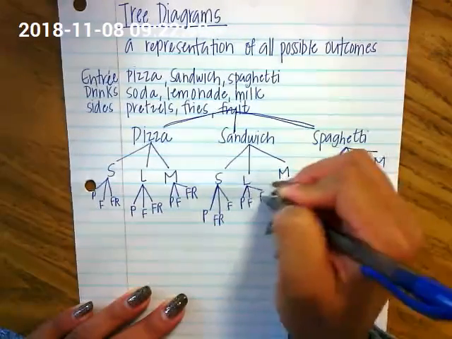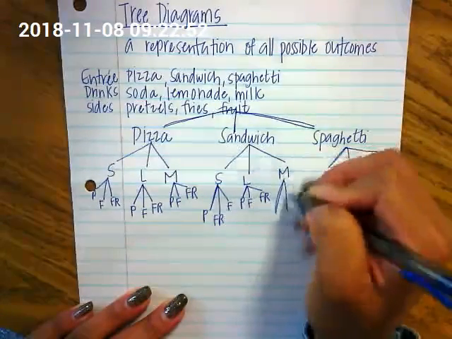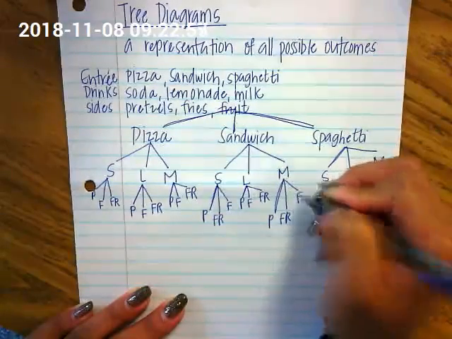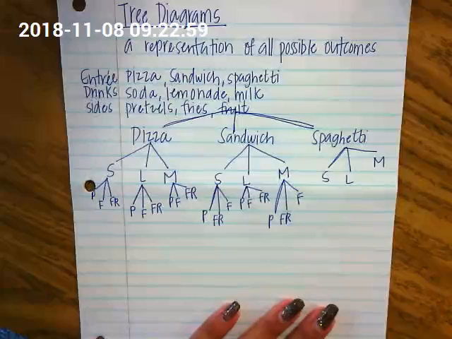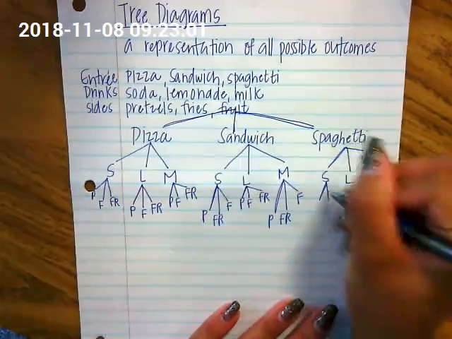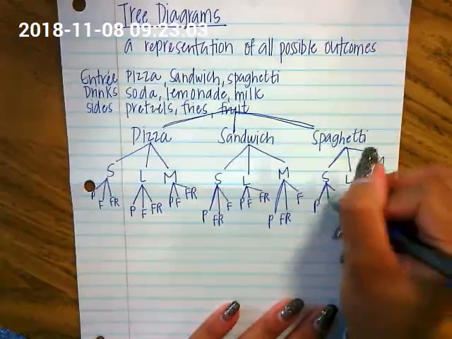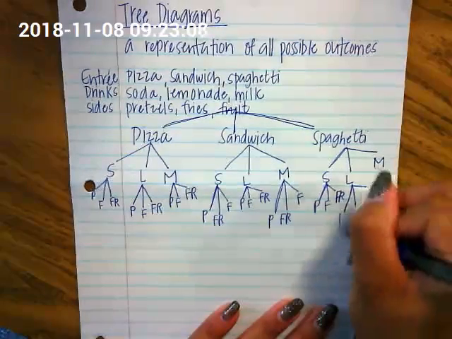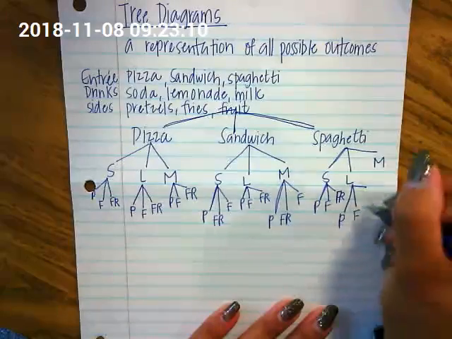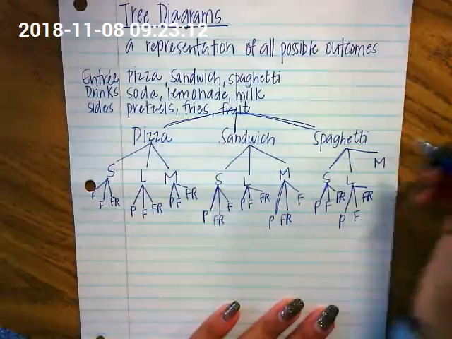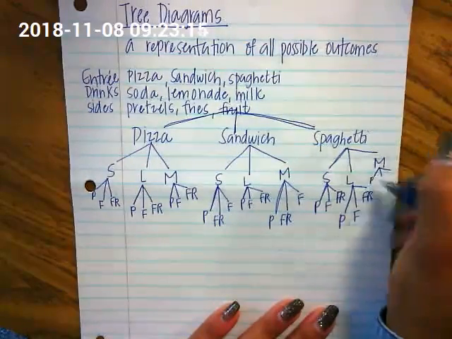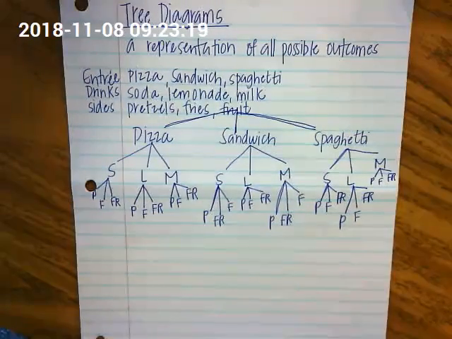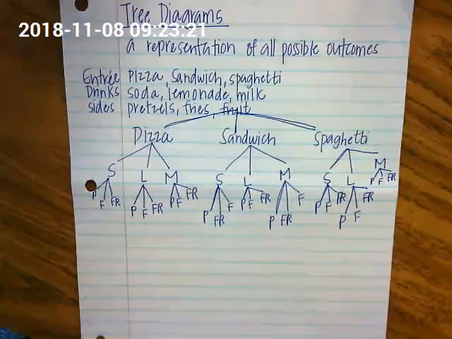And for each of the remaining drink branches, pretzels, fries, fruit. So we have all our different options.